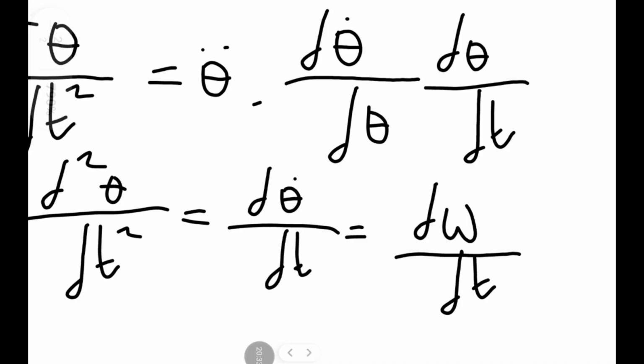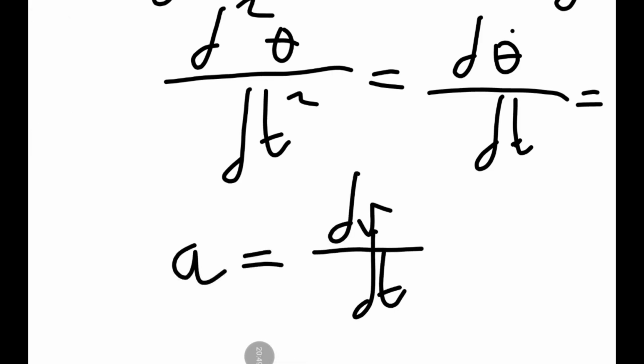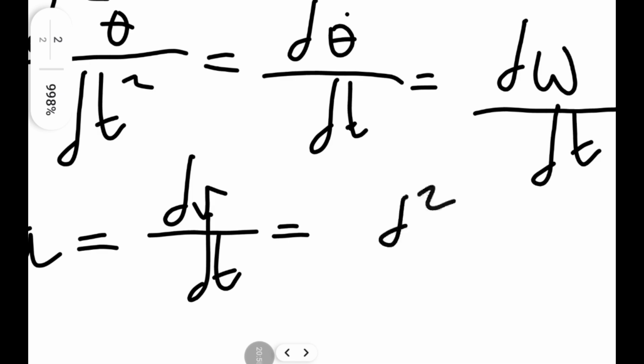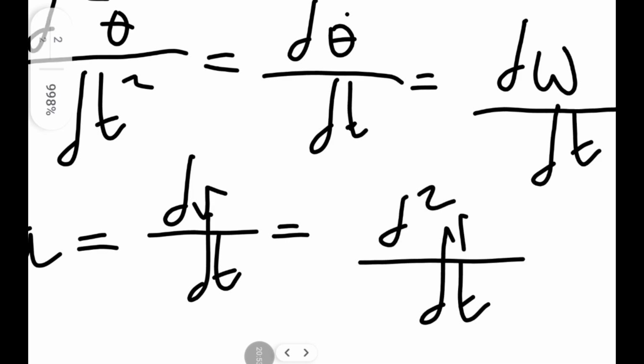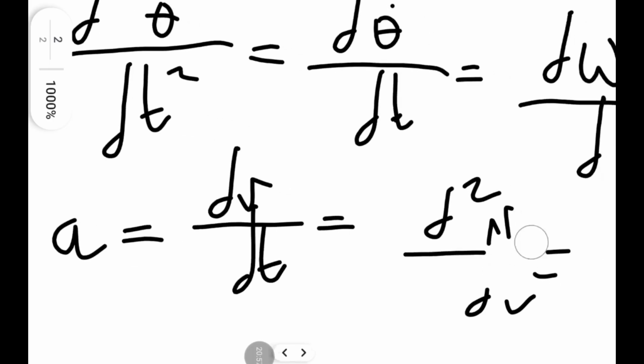Therefore it's the same as d squared theta by dt squared, because theta dash is just the angular velocity. The same way that acceleration is equal to dv by dt, or d squared r by dt squared. Not very clear, but you can see the point, hopefully.